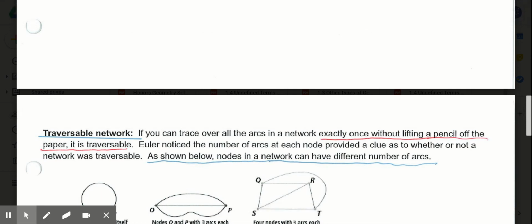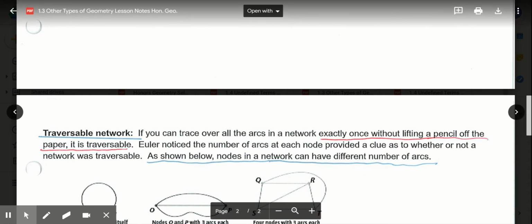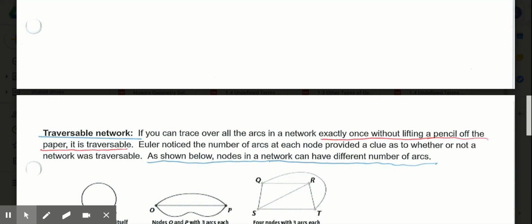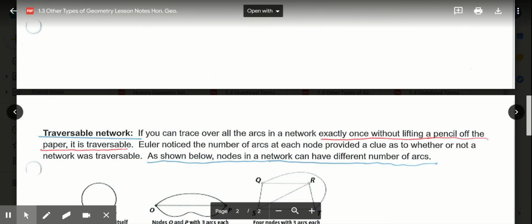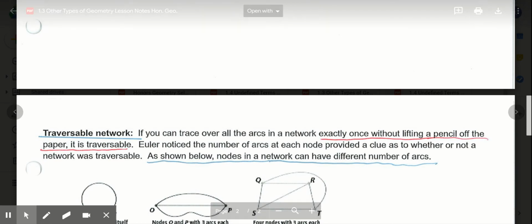So if you could trace over all the arcs in a network without lifting your pencil off the paper, it is traversable. Euler started to notice that the number of arcs at each node gave a clue to whether or not a network was traversable. So Euler started to notice a pattern, and we'll look at that in just a second.